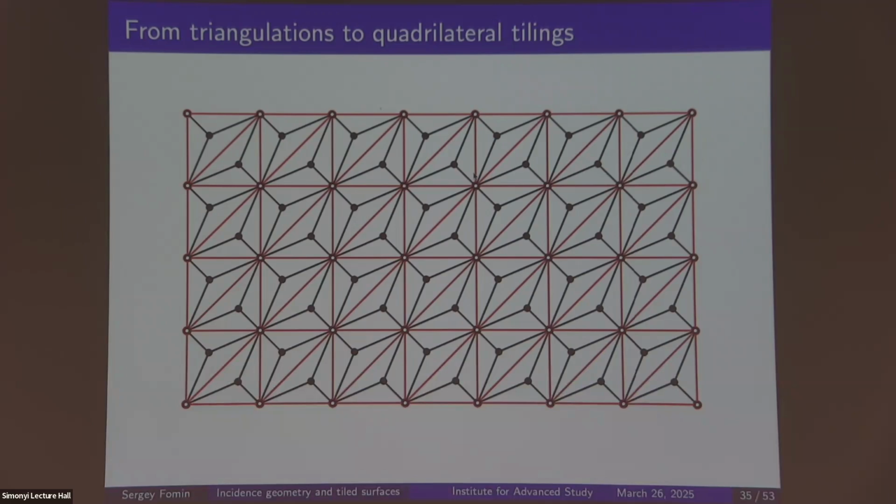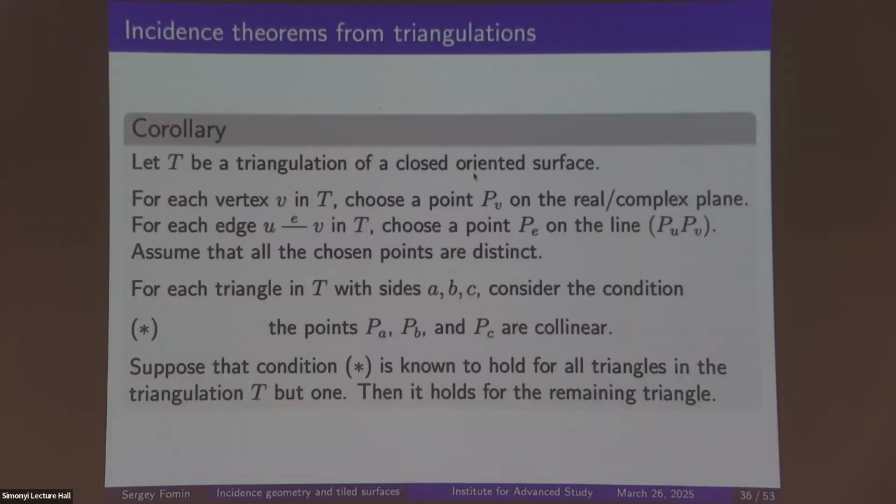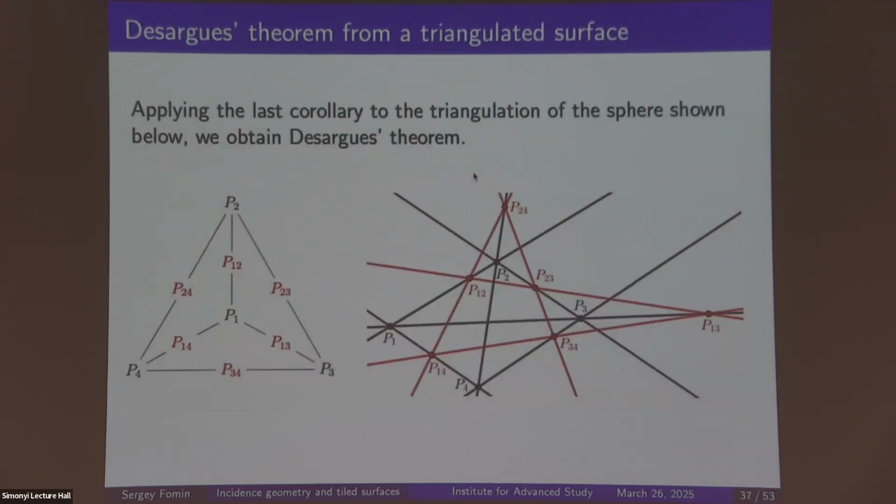From a quadrilateral tiling, you can get an incidence theorem, which means for any triangulation, we can get an incidence theorem. There will be a corollary. I don't have time now, but there will be some statement now tied to a triangulation, not to a quadrangulation. And when you take the simplest possible triangulation, which is the tetrahedron, this is a triangulation of a sphere, you will get Desargues.